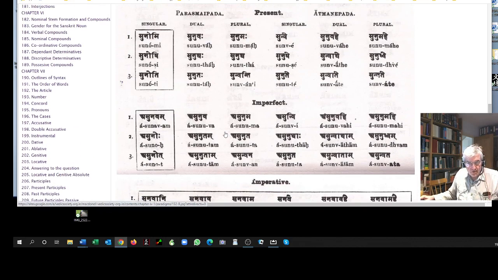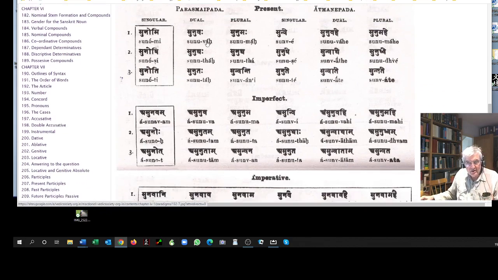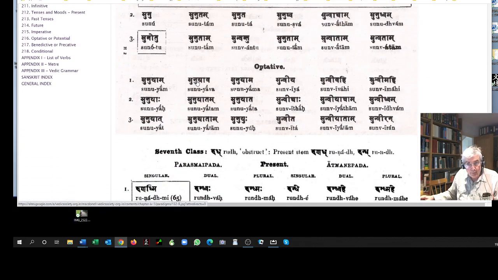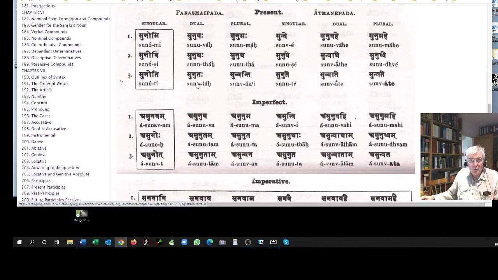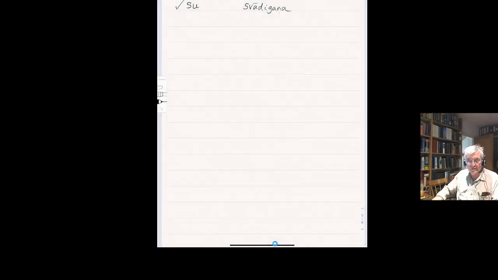And you'll notice, as with the others, that the pattern of distribution of the weak and the strong, that is the stressed and the unstressed, are exactly the same as the other classes. You know, these boxes are all in the same place in relation to all of the verb forms. So just going back to iPad now, here we are.